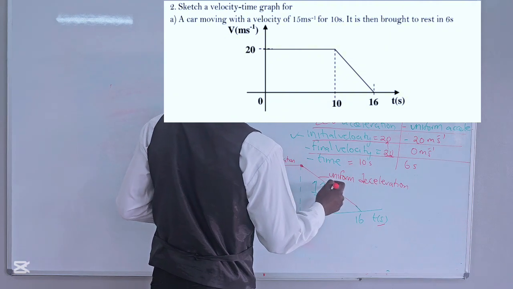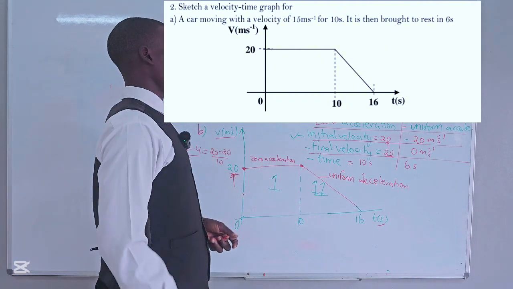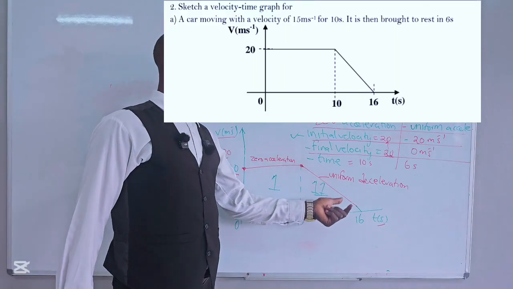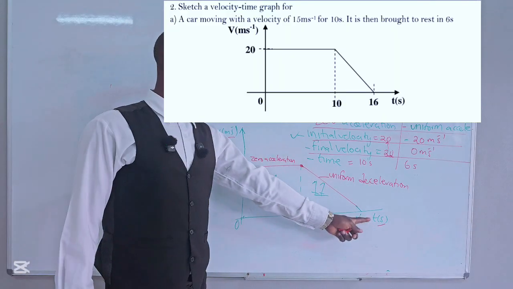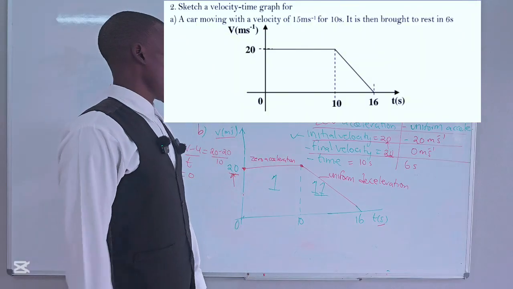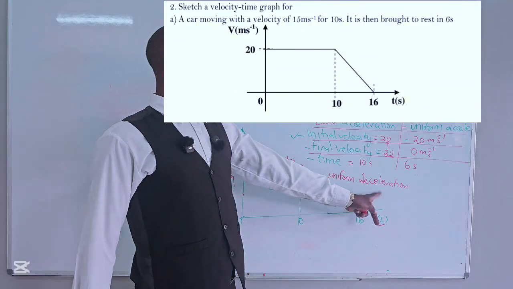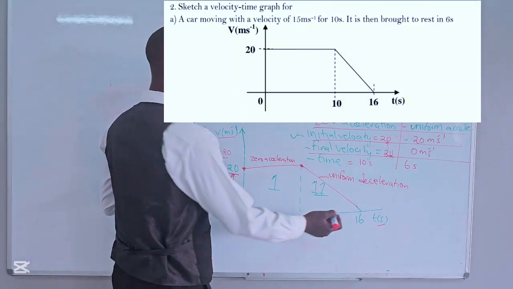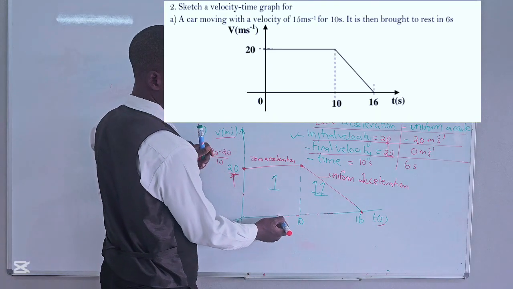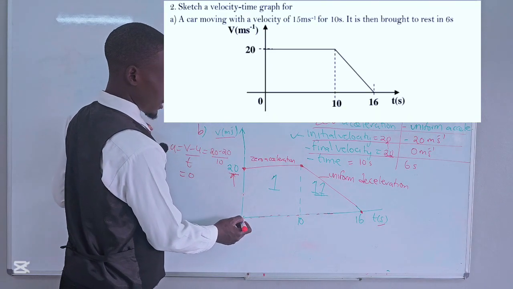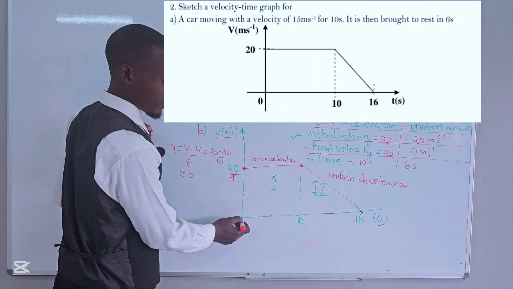Because the slope is going to be negative, and a negative slope implies a deceleration if it is a velocity time graph. This is the final velocity, and when you extrapolate it, it goes down to 0.